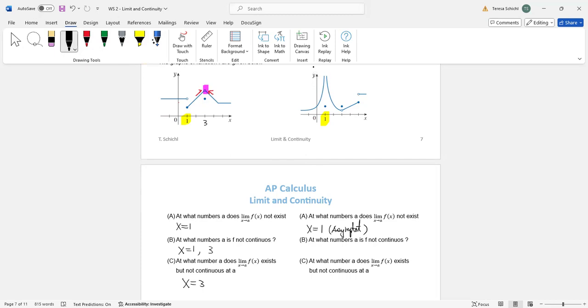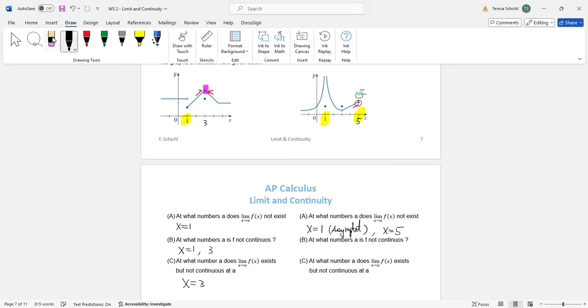Then the next one where the limit does not exist is here, the jump point, right? Because when you're approaching from the left, you're approaching to here, and when you're approaching from the right, you're approaching to here. So this limit does not exist. So this is 1, 2, 3, 4, 5. So it's x equal to 5.